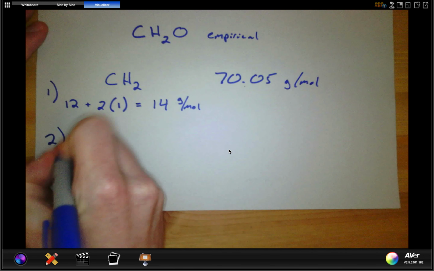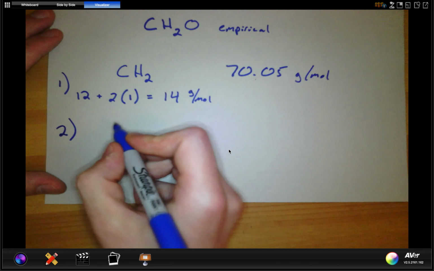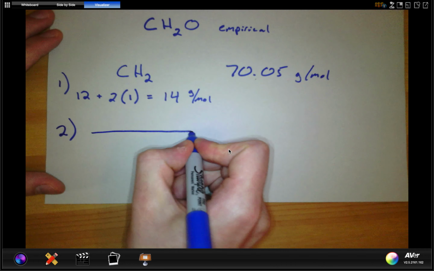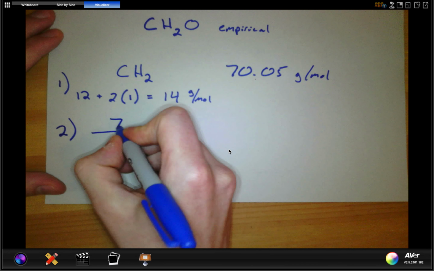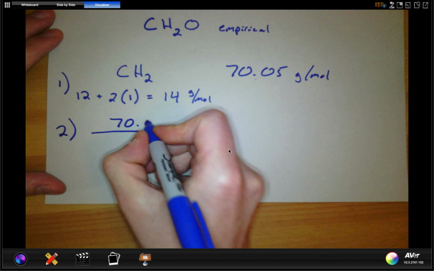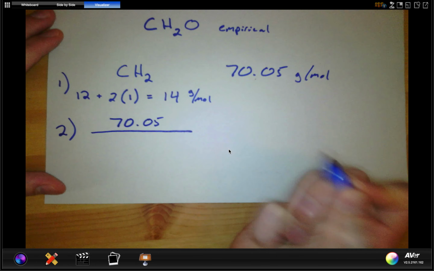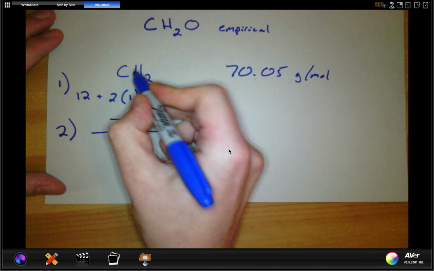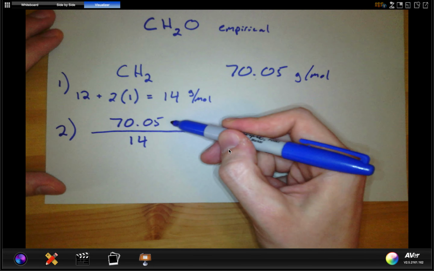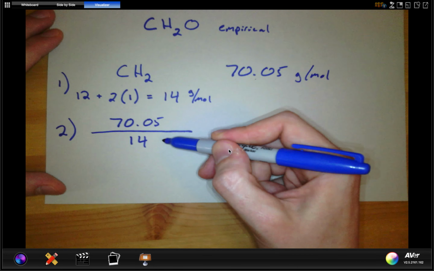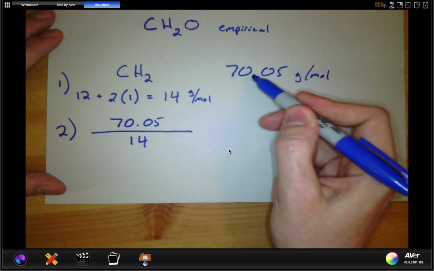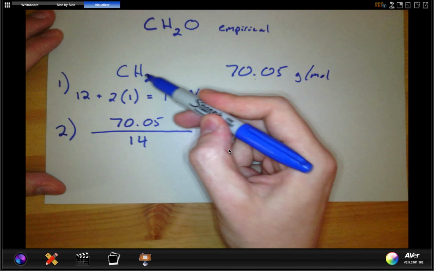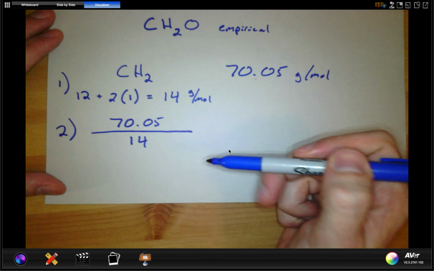So in step 2, what we're doing is dividing the actual molar mass of the substance, the molecular, by the molar mass that we calculated of the empirical formula. The molecular will always be given to you. This you have to calculate based on the formula, which is what we did in step 1.